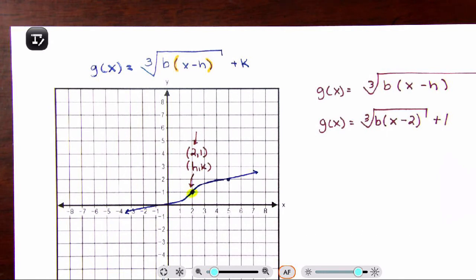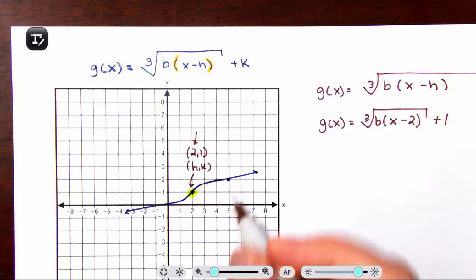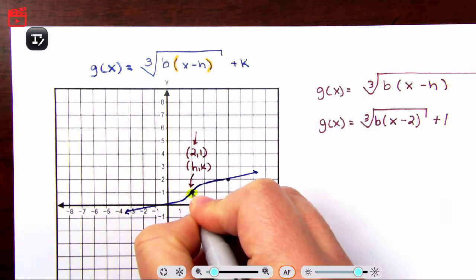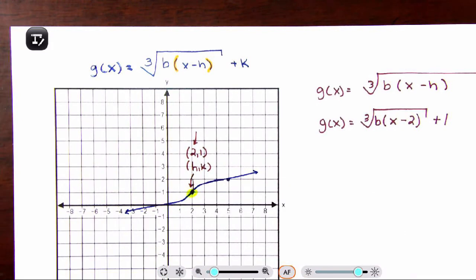So if we are looking here, for example, notice that the parent function, if we go back to a previous video, we know that our parent function has 1, 1, 0, 0, and -1, -1 as our parent reference points. How did that change? So if you notice, you go up 1. Let me change a different color.